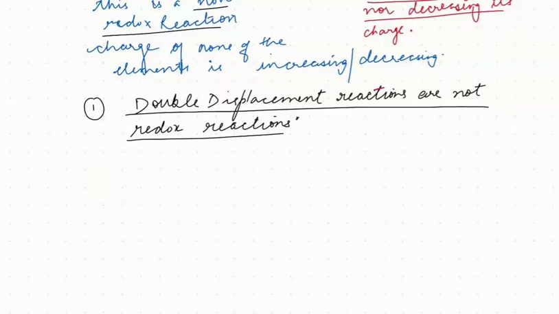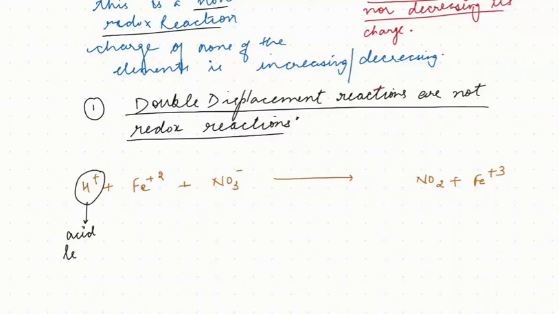So let's suppose I give you Fe plus 2 plus NO3 negative, which gives you NO2 plus Fe plus 3 plus H plus. Now understand, H plus is just to tell you that there is some acid being involved here.